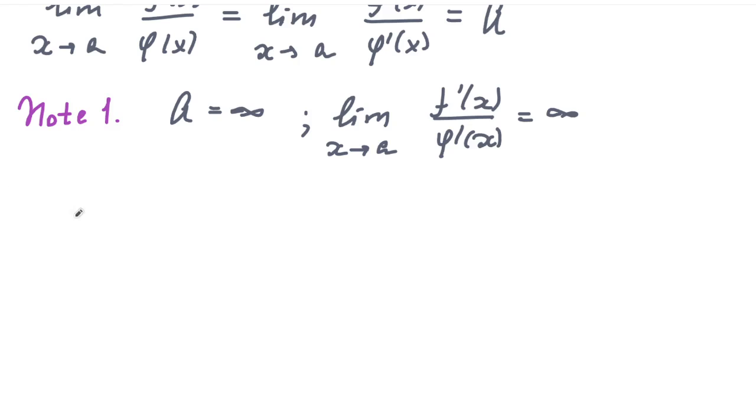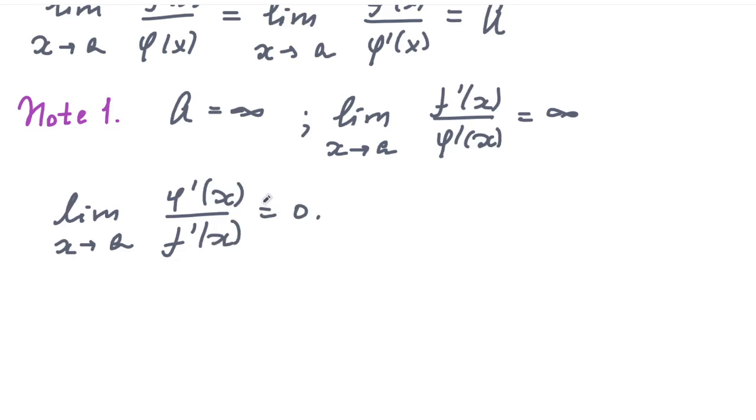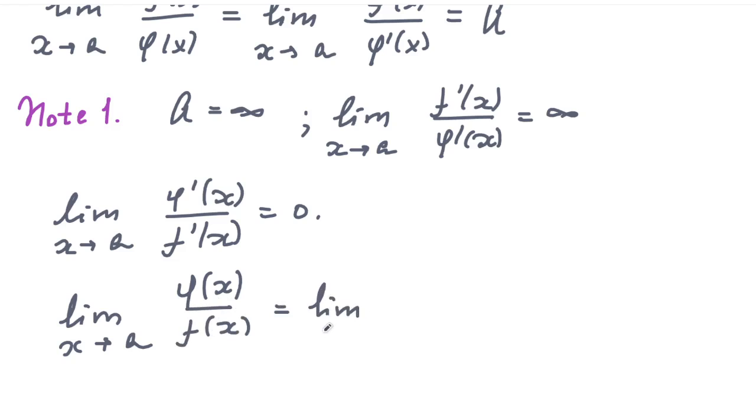limit as x approaches a of phi prime of x over f prime of x is equal to 0, then by the theorem just proved, limit as x approaches a of phi of x over f of x equals limit as x approaches a of phi prime of x over f prime of x equals 0.